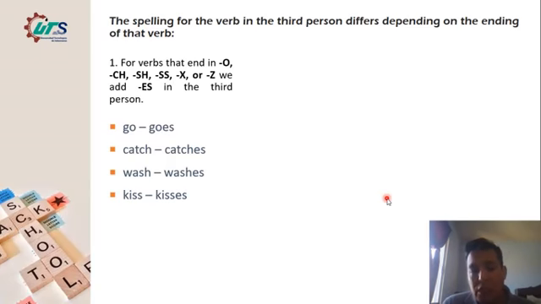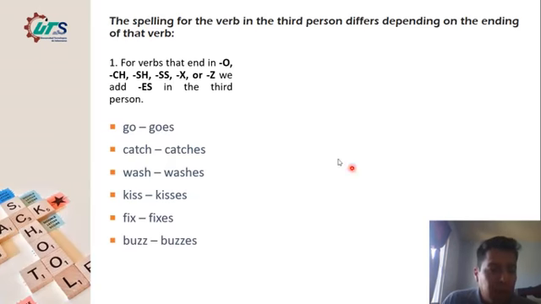He kisses, she kisses, it kisses. And finally, we have fix, fixes. This is the way to change those verbs in the third person singular. Finally, we have bus, buses.